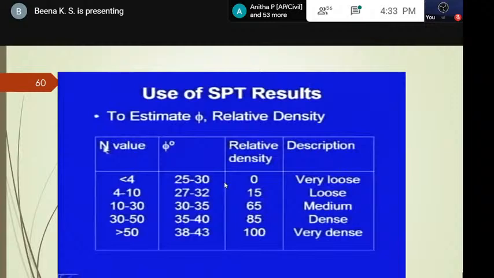So in a nutshell, the first thing we have to do is get the observed N value from the field for a given depth.